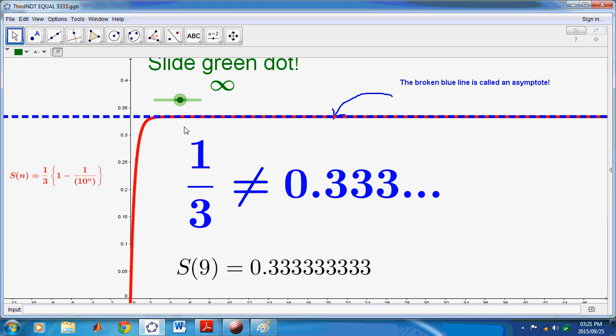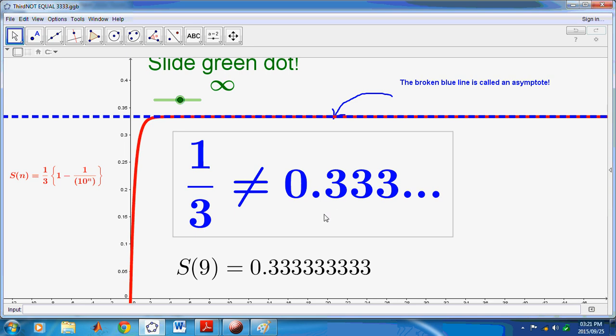If you look at these graphs here, the red graph, which is the graph of this function, is asymptotic to the blue line, which is actually equal to 1/3. The blue line here is 1/3. They never touch. Thus, if 1/3 was truly equal to 0.333, then theoretically this graph should touch the asymptote. But then it wouldn't be an asymptote, would it? It's called an asymptote for a good reason. They don't touch.